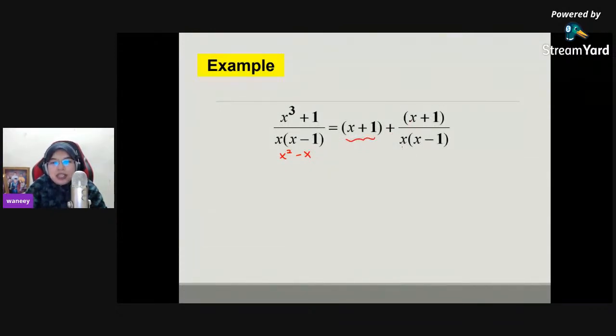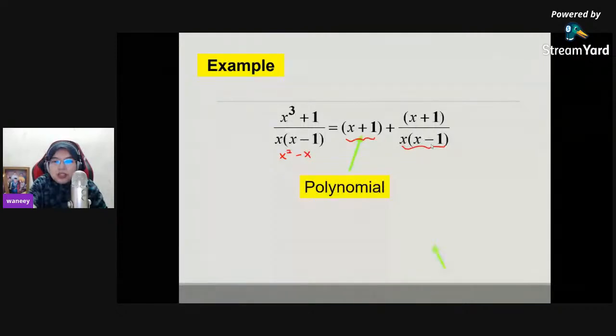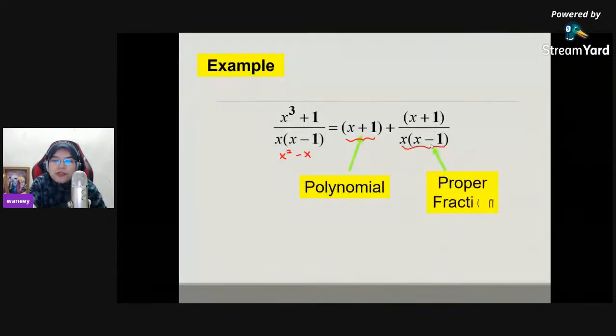So this is the thing that we are going to do partial fraction. So those are the polynomial, and that is the proper fraction. So we only do partial fraction ataupun pecahan setara. So partial fraction, we only do them for proper fraction. Hanya proper fraction saja kita akan buat partial fraction.